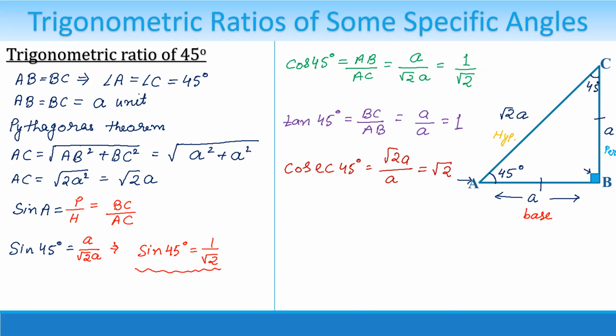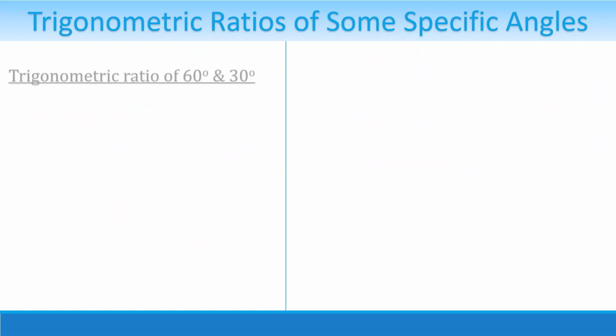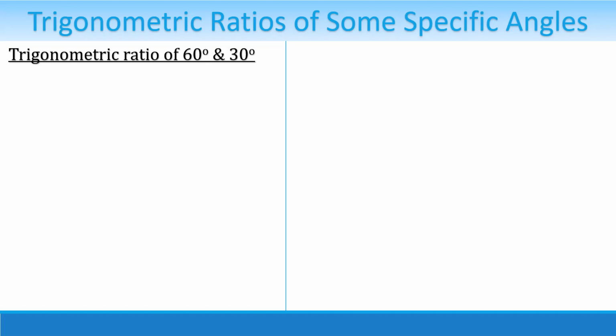Now moving ahead, we will discuss how to evaluate the values of trigonometric ratios for 30 degree and 60 degree. For 60 degree and 30 degree, once again we require a triangle in which at least one angle is of 30 degree and one angle is of 60 degree.